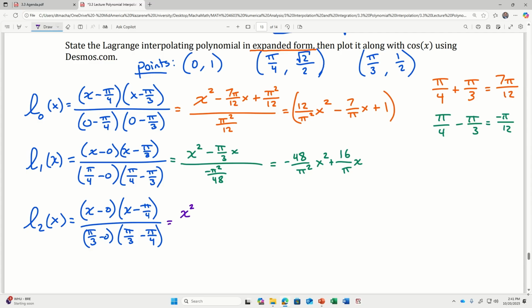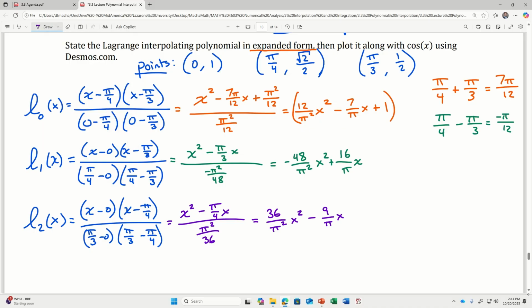Let's hope we didn't make any mistakes. All right, then we got pi over 3 times pi over 12, which is pi squared over 36. That's 36 over pi squared, x squared minus 36 over 4 is 9 over pi x. Cool.